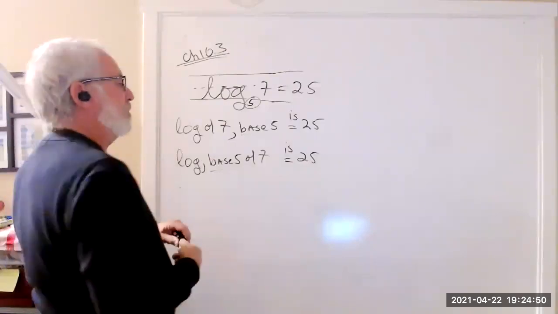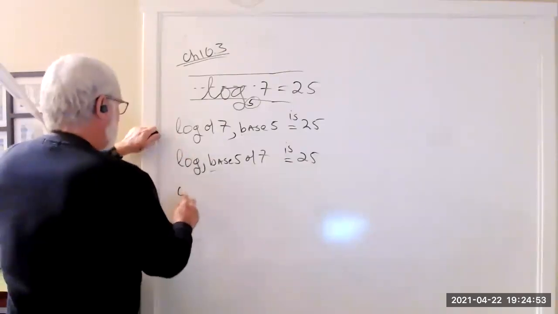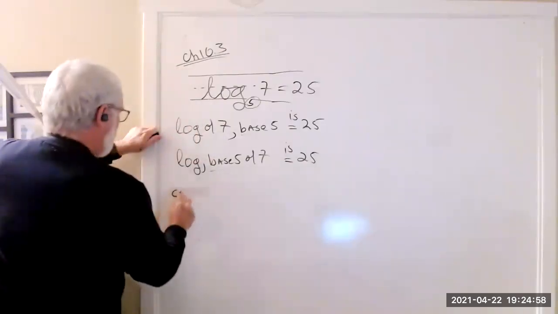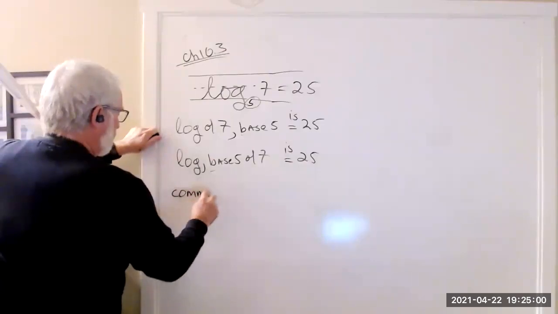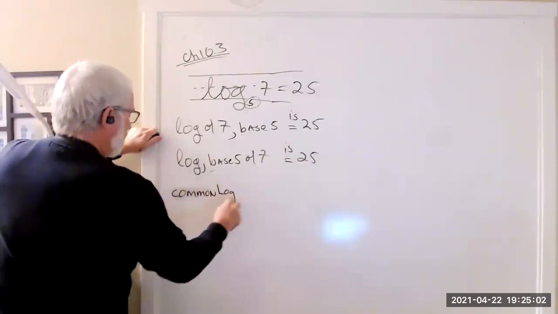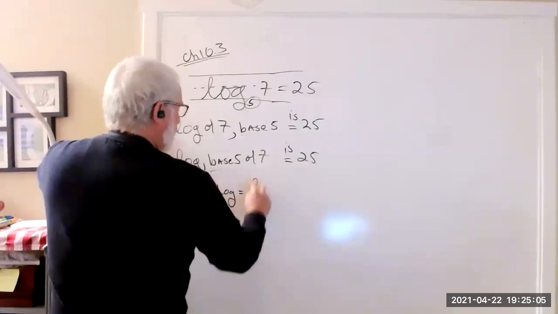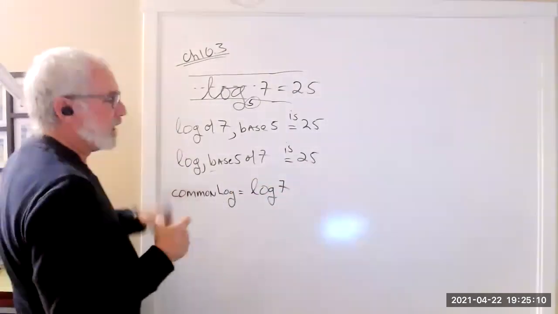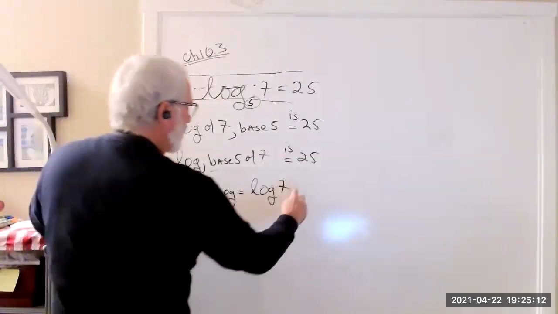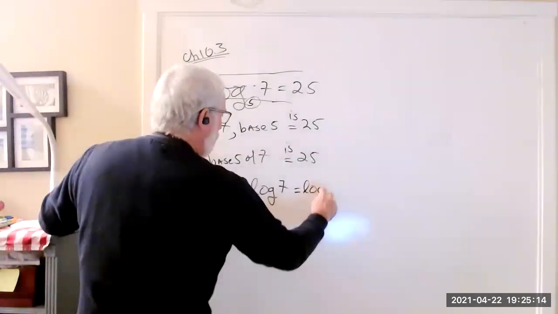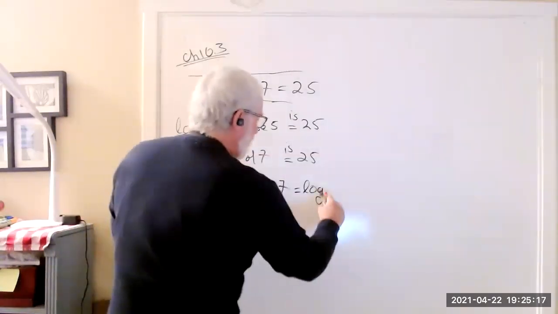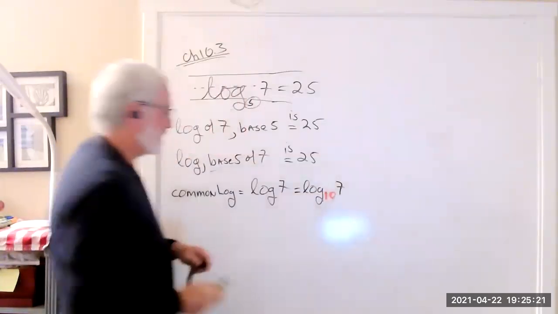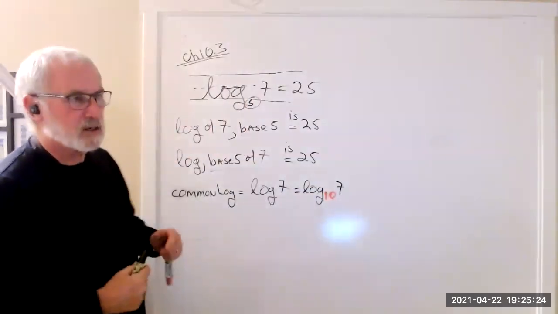Okay. That's because in a minute, it'll make a lot more sense. But one of the things we talked about last night was something called the common log. When you write the log of 7 and you don't write the base, it's automatically assumed. It will always be assumed to be base 10. That's called the common log. It's base 10 log.